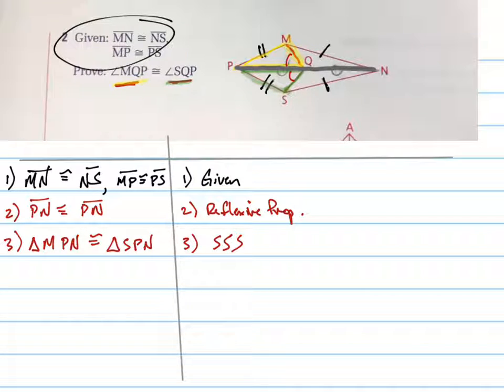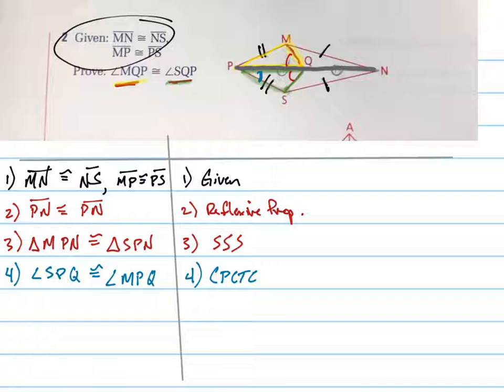Then we can say that angle, let me change the color of this so you can see what I'm looking at here, angle SPQ is congruent to angle MPQ, and that's the CPCTC property.